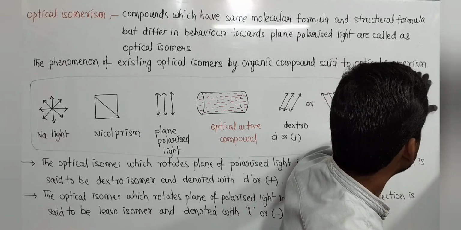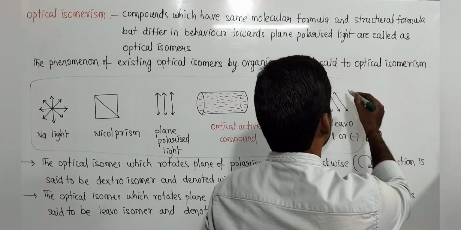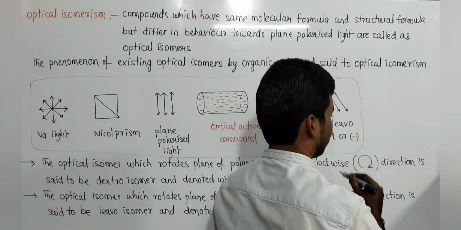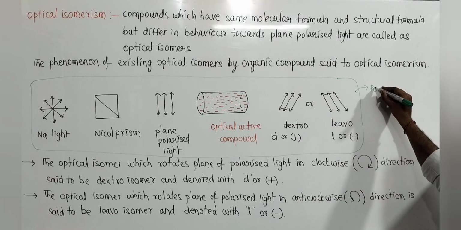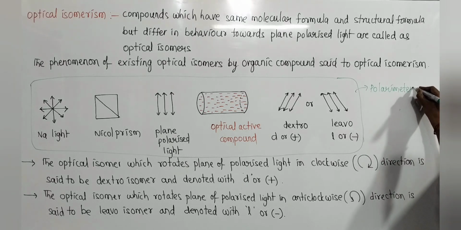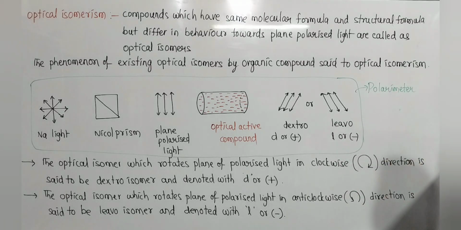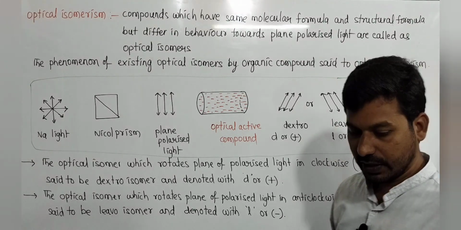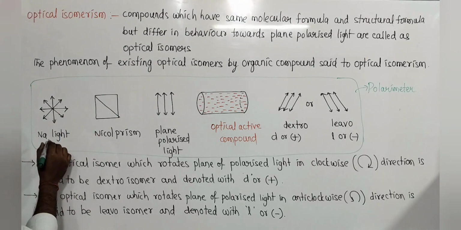We can observe this type of setup in the polarimeter. The polarimeter is an instrument used to determine optical isomerism. In the polarimeter there is a light. This is sodium light. Sodium light has a particular wavelength.